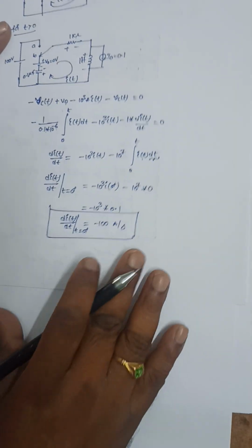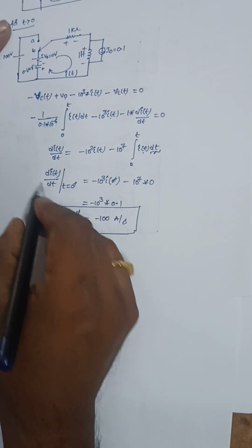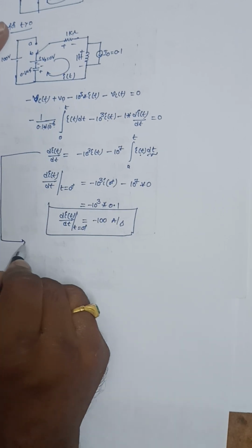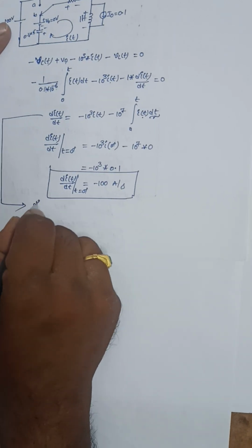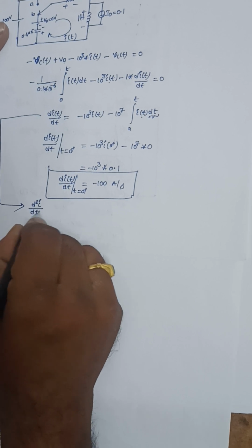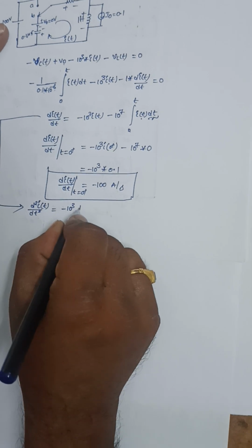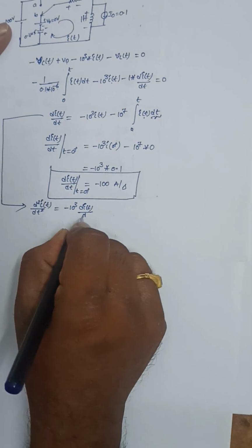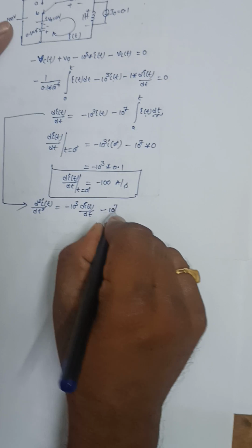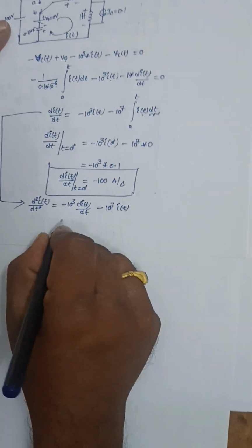Next, d square I of t by dt square. To find this, just differentiate this equation once again with respect to t. d square I of t by dt square is equal to minus 10 power 3 into di of t by dt, minus 10 power 7 into I of t.